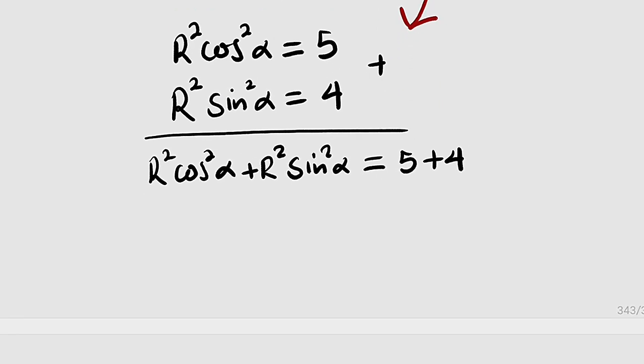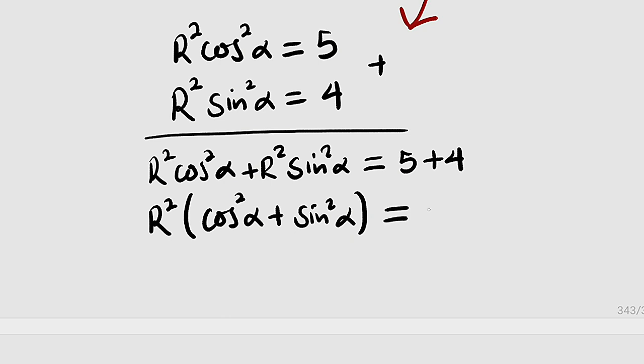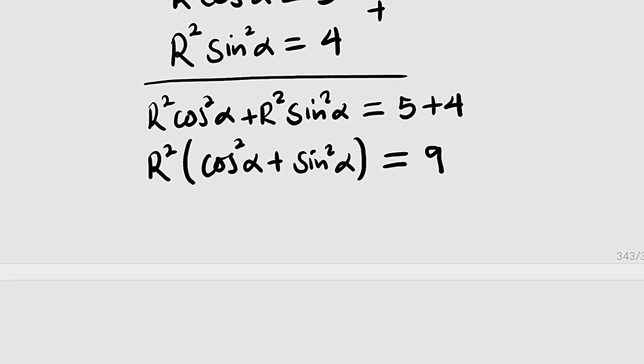On the left hand side, r squared is common, so you bring it out. In the parentheses we have cos squared alpha plus sine squared alpha, and on the right hand side we have 9. Remember the identity that says cos squared x plus sine squared x is equal to 1. Definitely the whole of this is equal to 1.